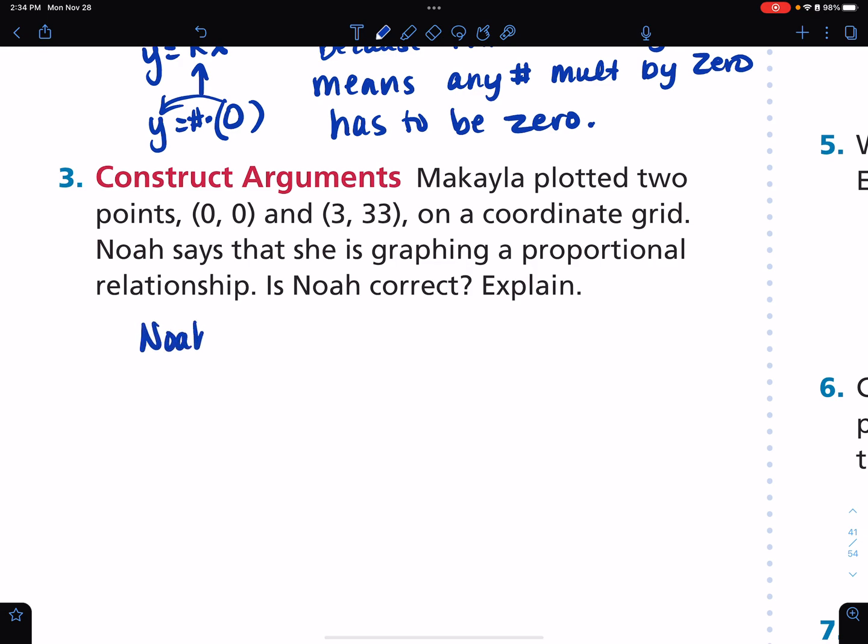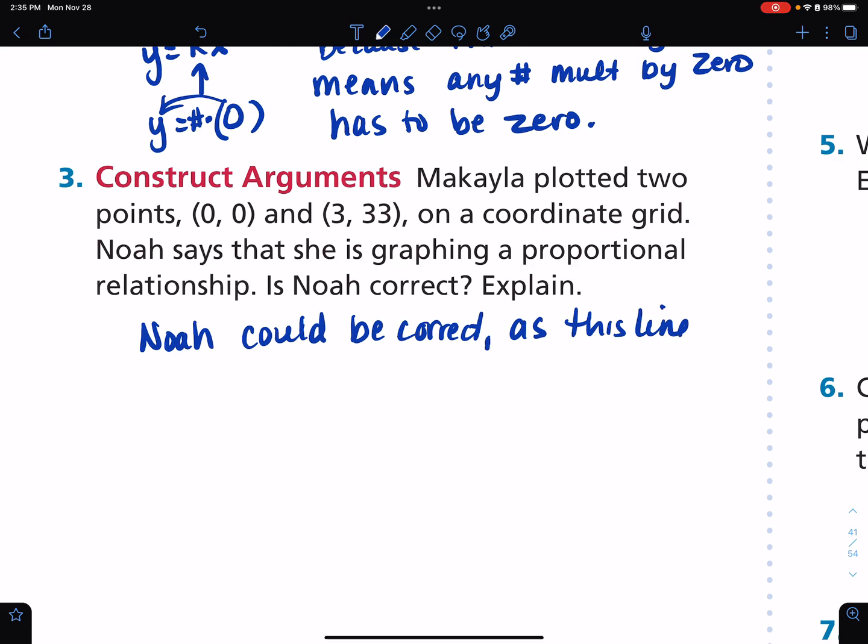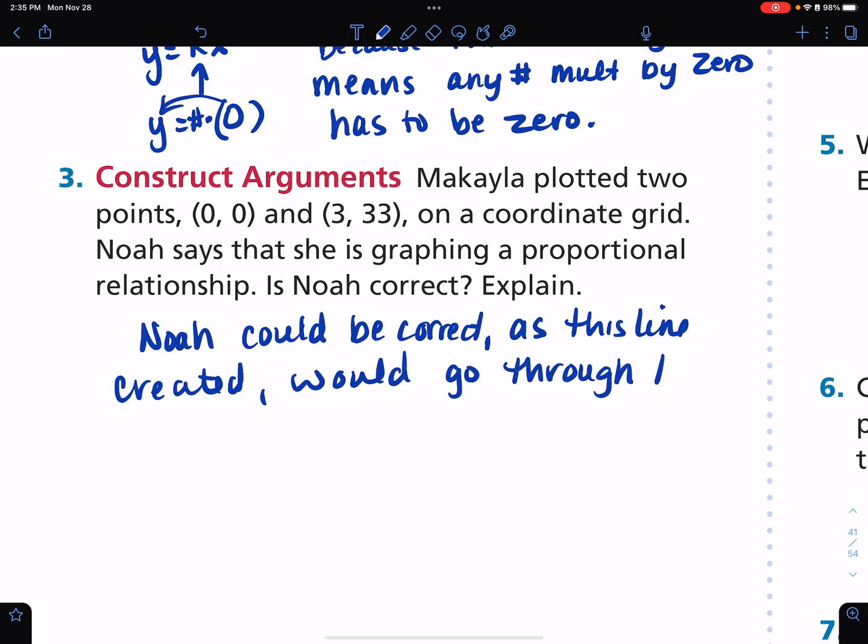Noah could be correct, as this line created would go through the origin as it says 0, 0 and point 3, 33.